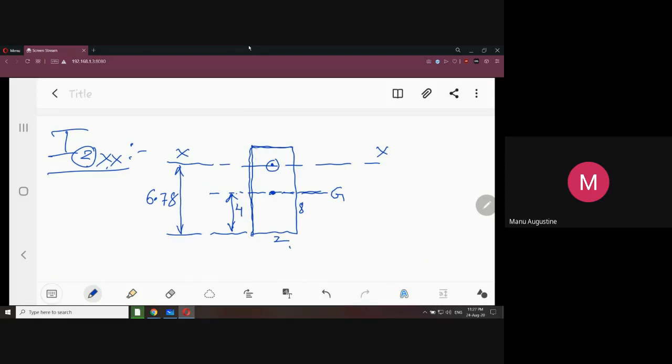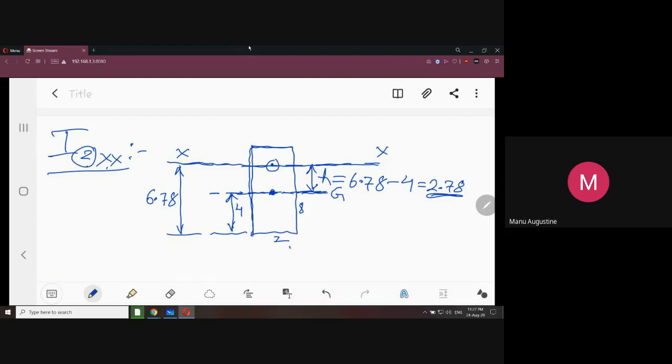I have to find the moment of inertia of this second area about XX line, and I already know how to calculate the moment of inertia of this area about the G line. So I draw a parallel line through this centroid parallel to this XX, and all I have to do is find the value of this constant distance h. What will this be? This will be simply 6.78 minus 4, that is equal to 2.78 centimeters.